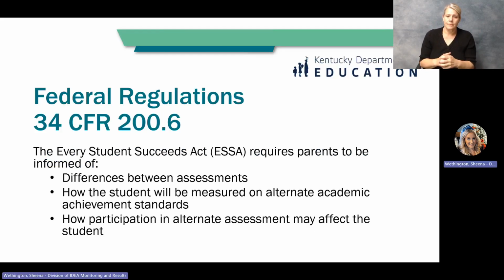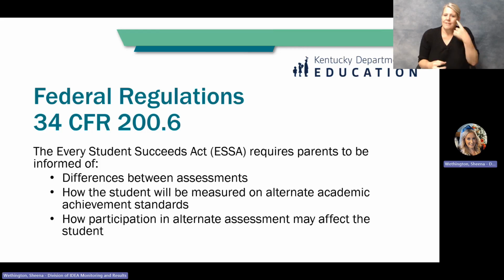The Every Student Succeeds Act, or ESSA, is the main education law for public schools in the U.S. ESSA makes provisions for keeping parents well informed so they can help make the best decision for their children.